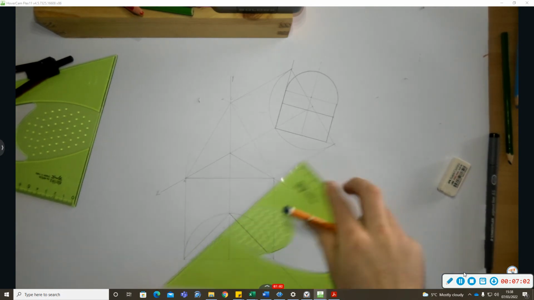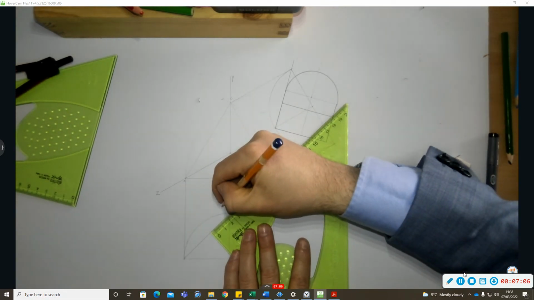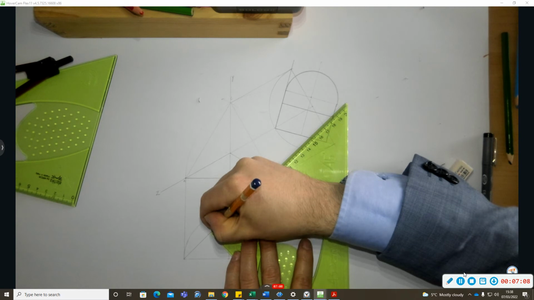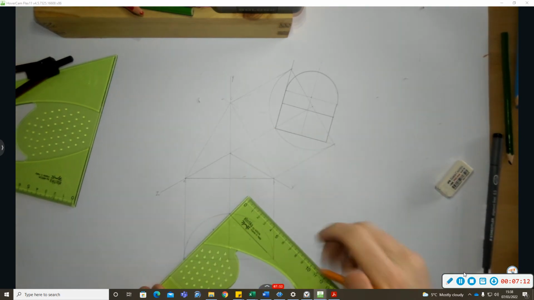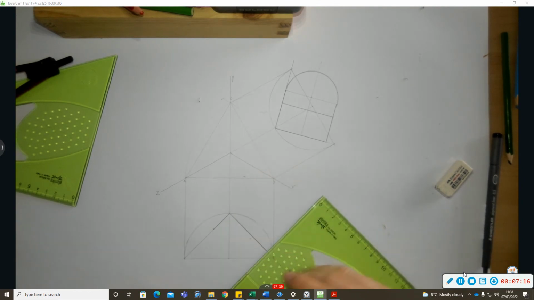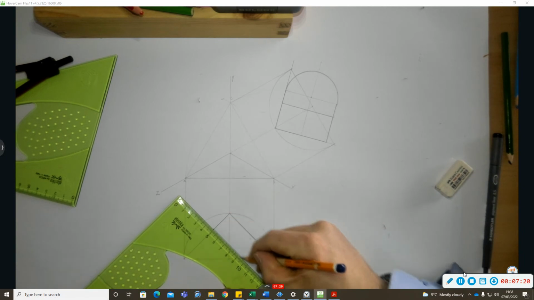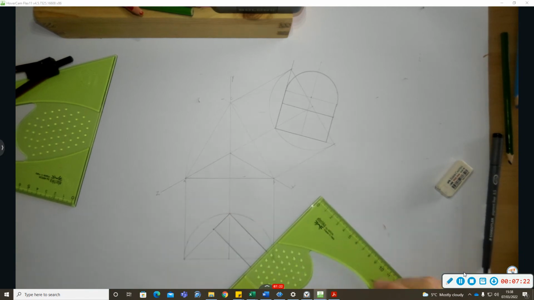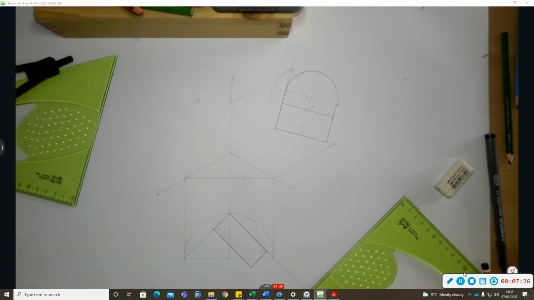So 60 there. 25 thick. There we go, that's my plan view done.